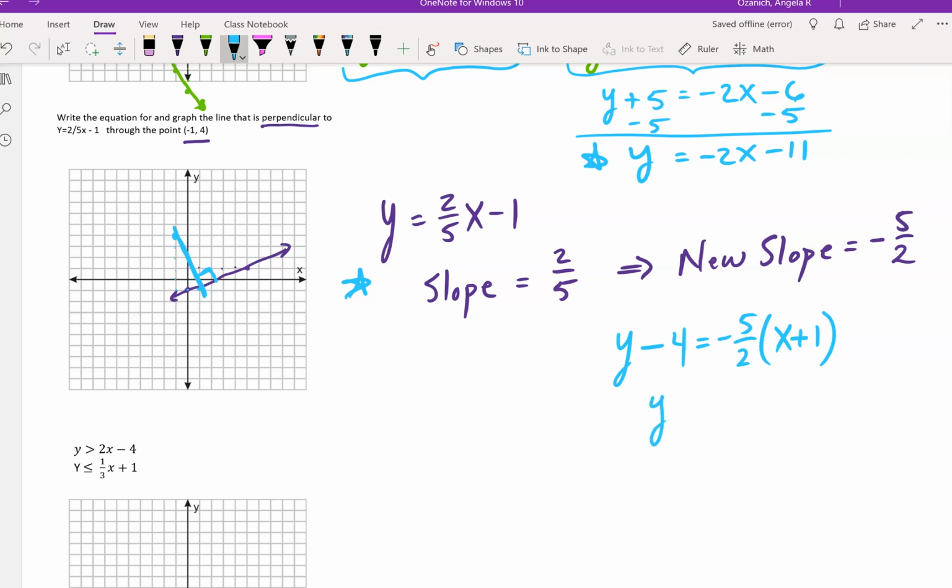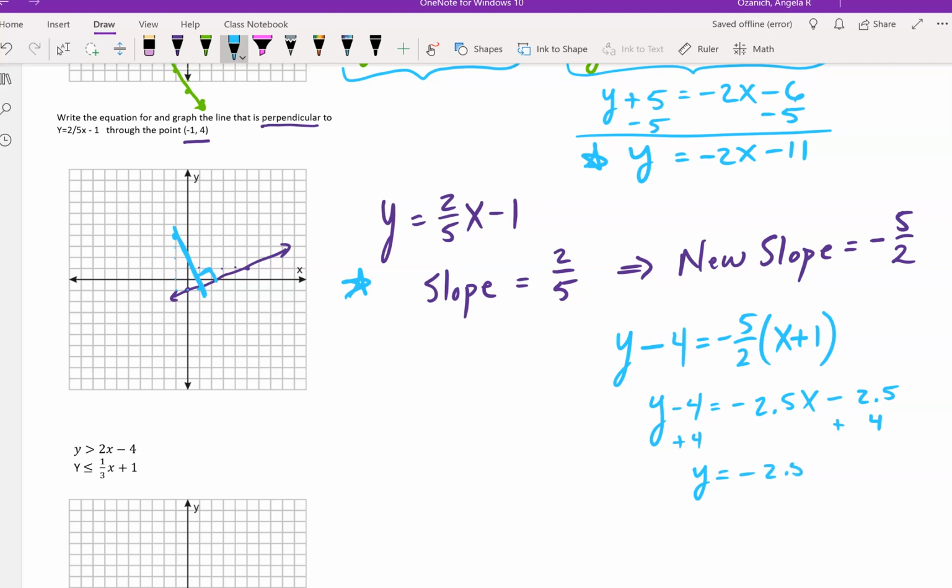So again, the algebra on this piece: if we continue to distribute the 5/2, which is like 2.5, so we'll just change it for the sake of working through this quickly, and a minus 2.5. And if we add 4 plus negative 2.5, that's going to be a positive 1.5.